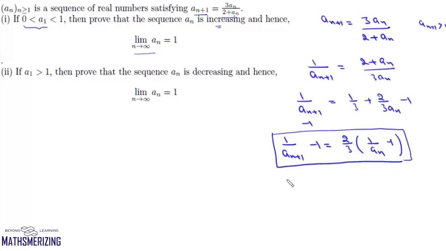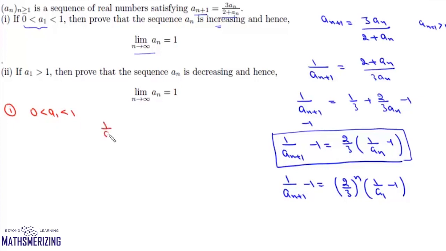Now using this recurring relation, we can prove that 1 upon a(n+1) minus 1 will be equal to (2 by 3) to the power n times (1 upon a1 minus 1). Now we'll take the first case, when a1 lies between 0 and 1.